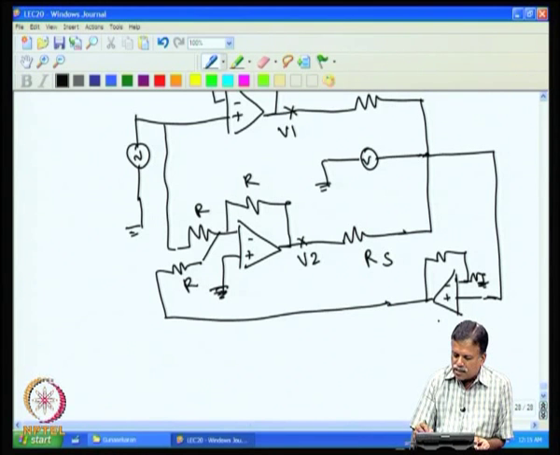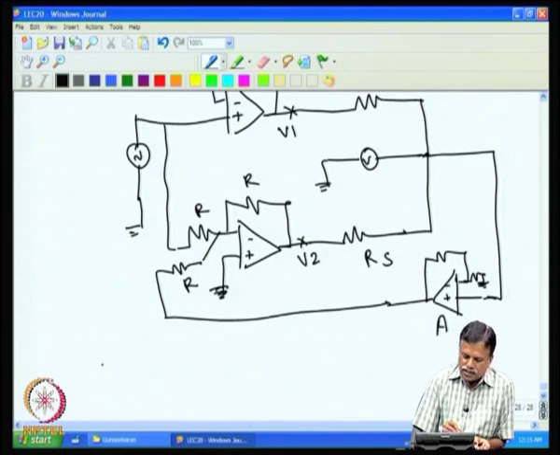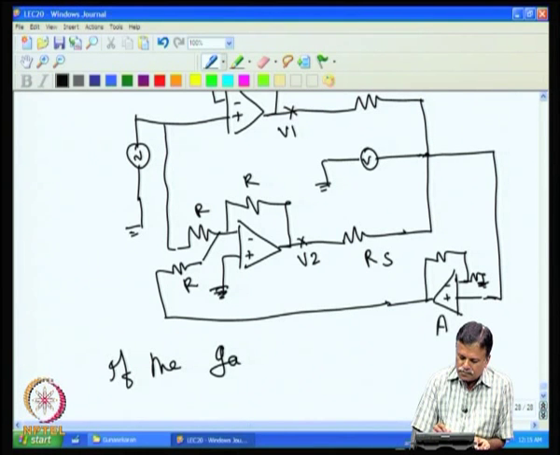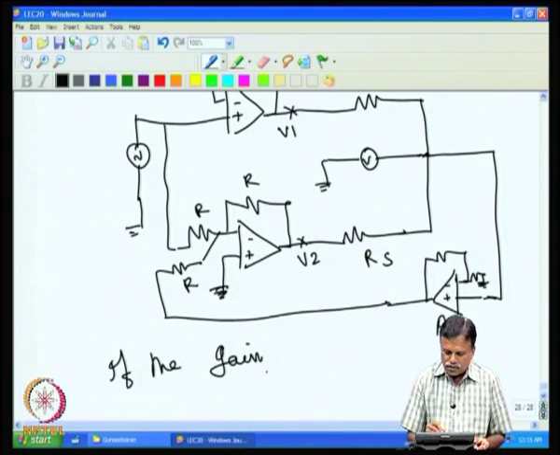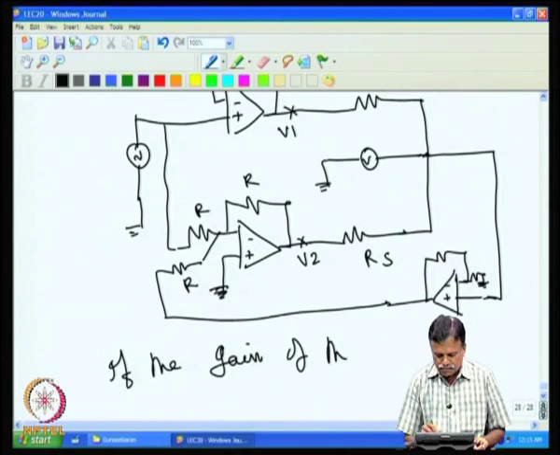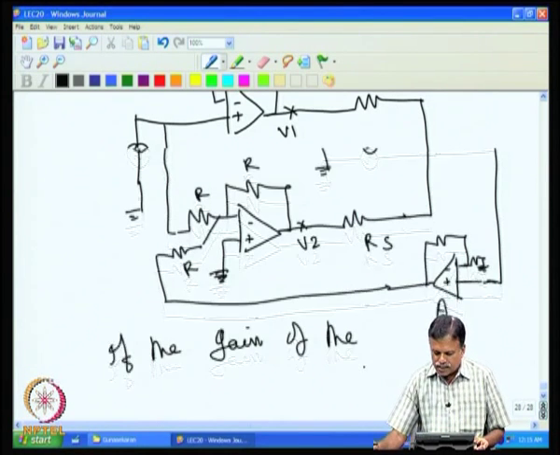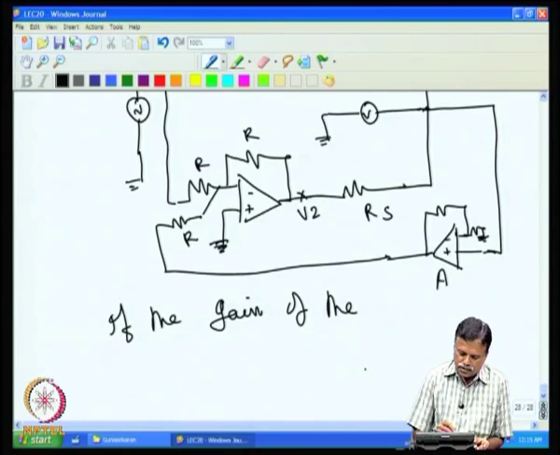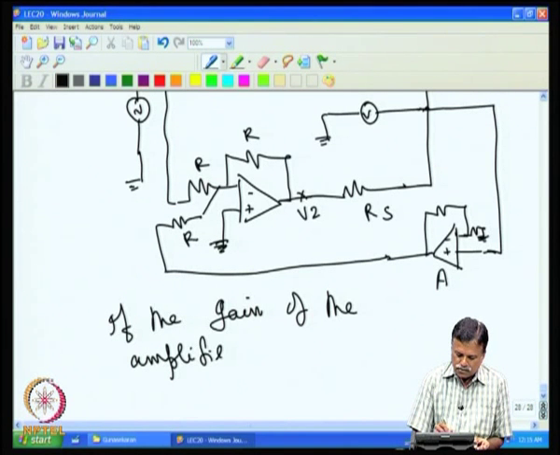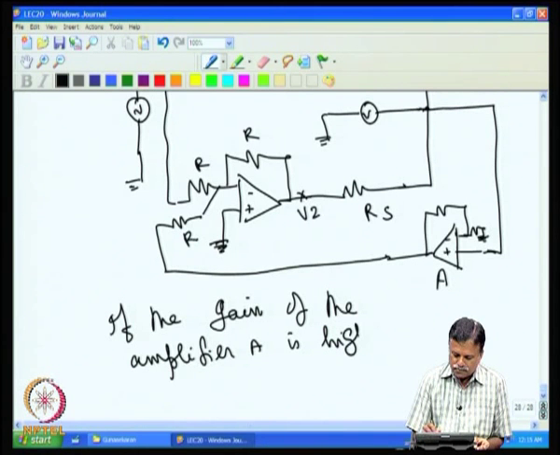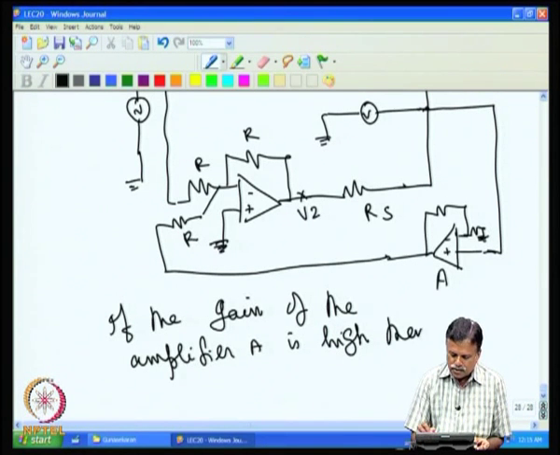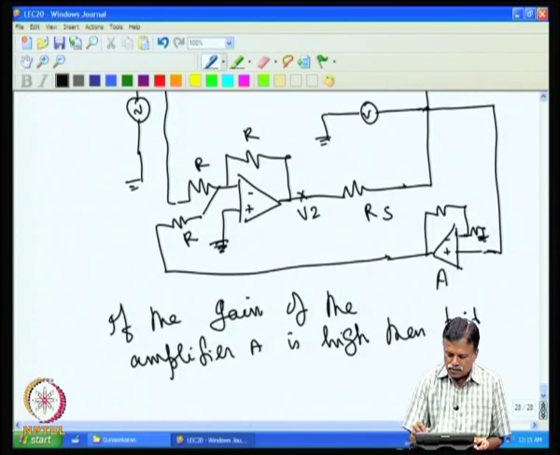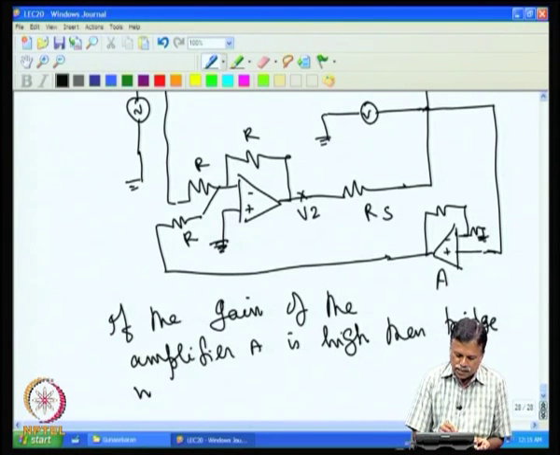So if you look at it, I will call this amplifier A. If the gain of the amplifier A is high, then the bridge will get balanced automatically.